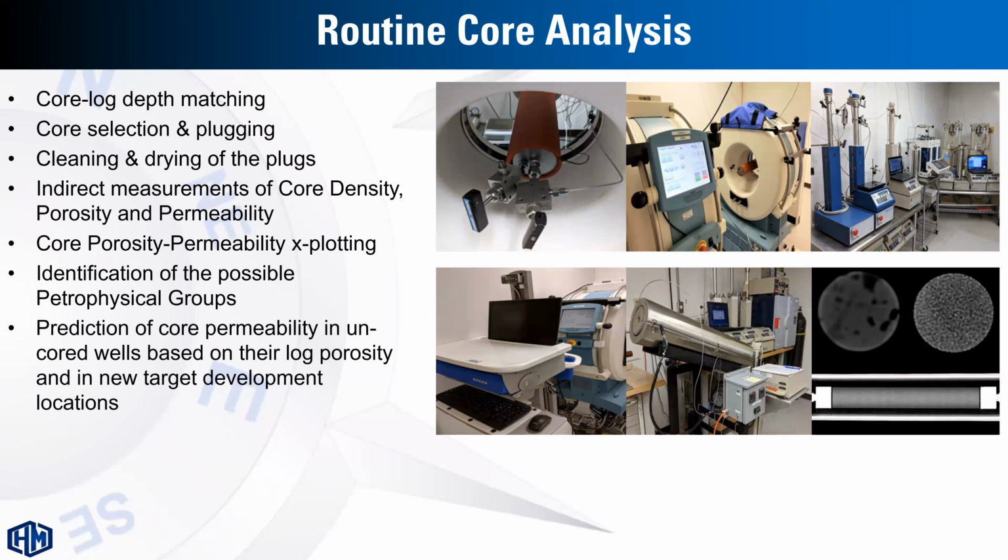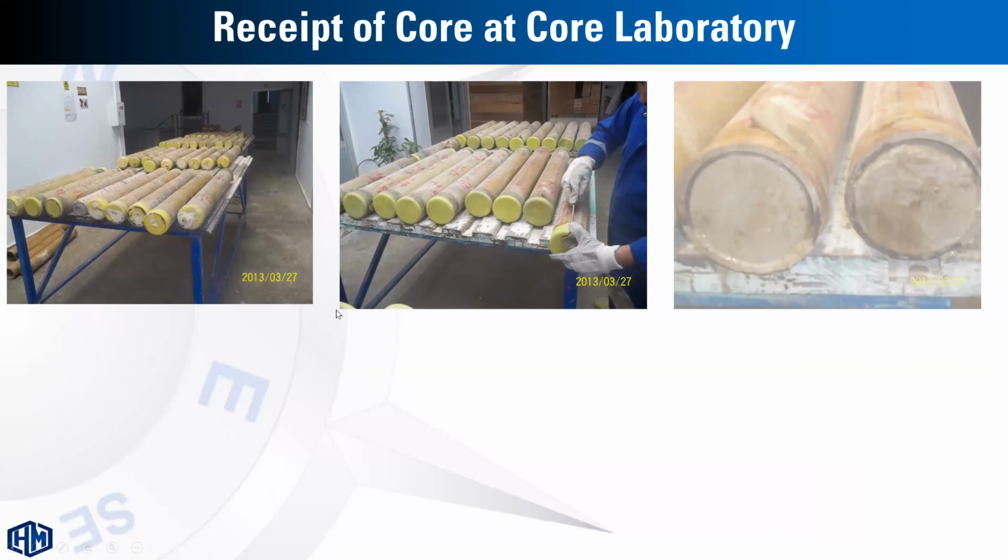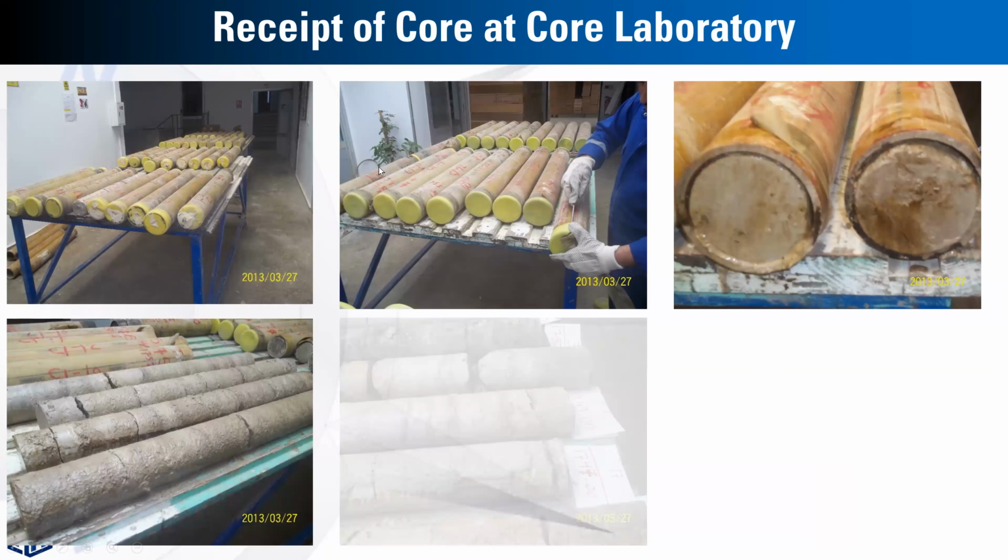And finally, we can apply a certain model to predict the permeability from logging data calibrated by the core measurements. This is the receipt of core at the core lab.